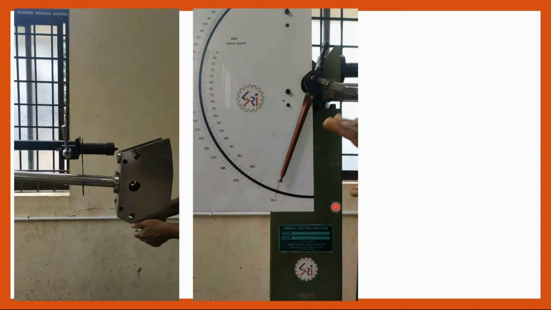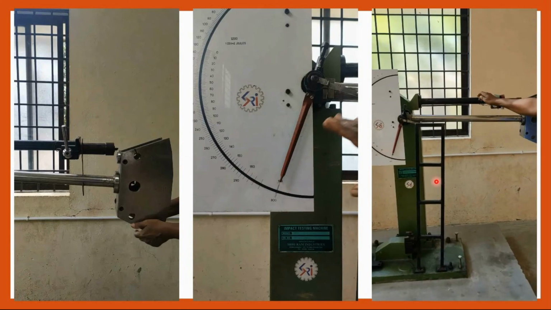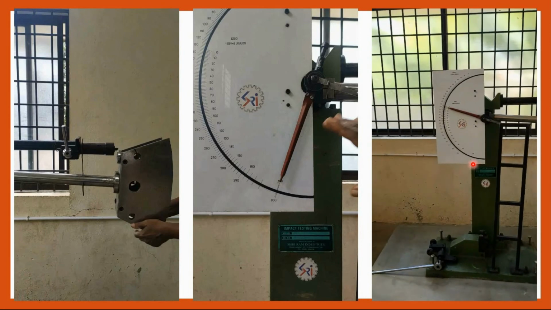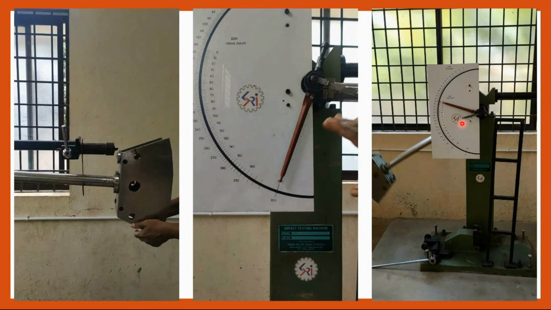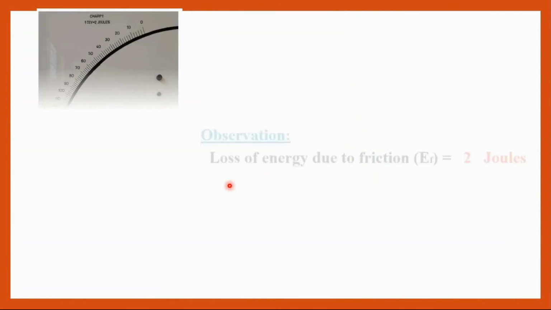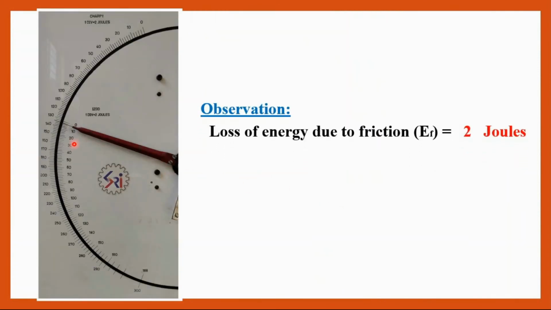Then remove the lock core and attach it to the pendulum. Then release the lock core. So without the specimen, we are going to observe the reading. After the oscillation ends, if I observe the reading, we get the loss of energy due to friction as 2 joules. It is showing 2 joules, meaning we have a friction loss here, it is 2 joules. Then I will move on to the actual test.